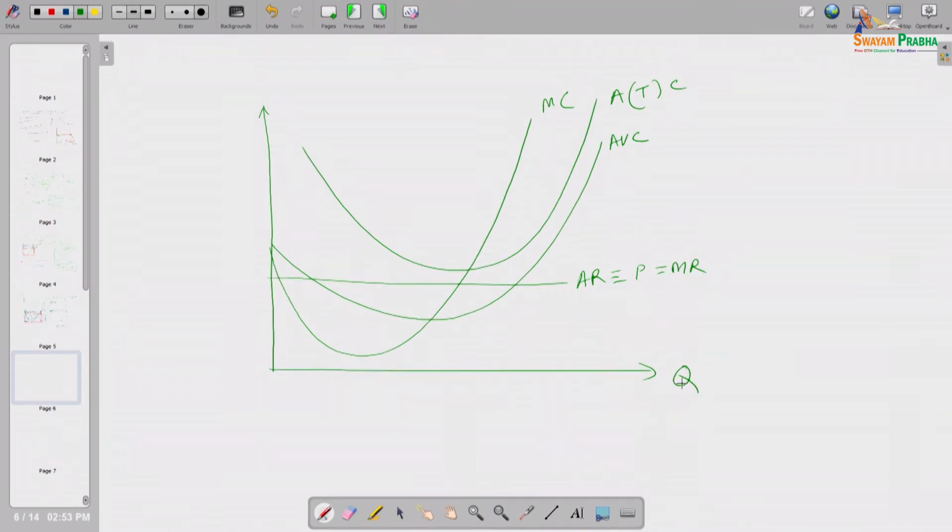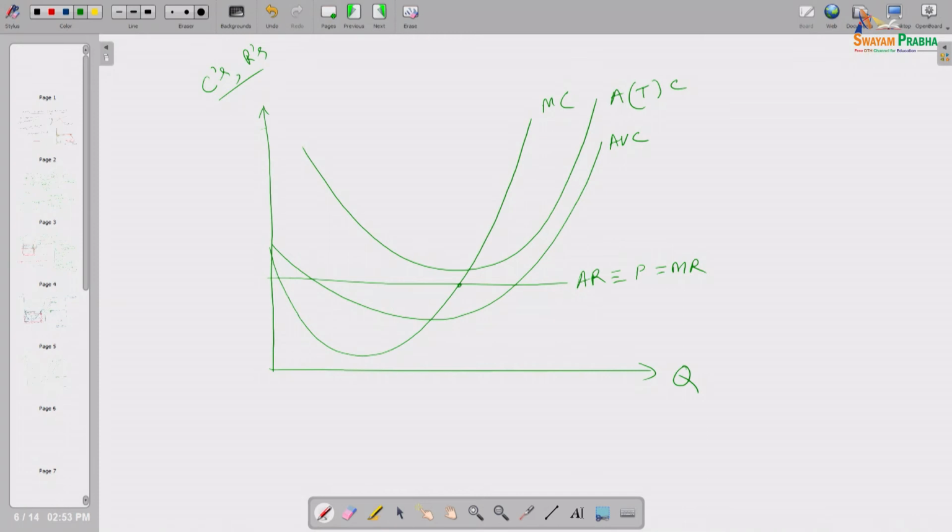Quantity is measured here, and all costs and revenues are measured on the vertical axis. Suppose this is the price line. I am repeating again and again that being a single producer I do not have any control over where the price line is; it may be here, maybe here, maybe here. Suppose this is the price line. What will happen?